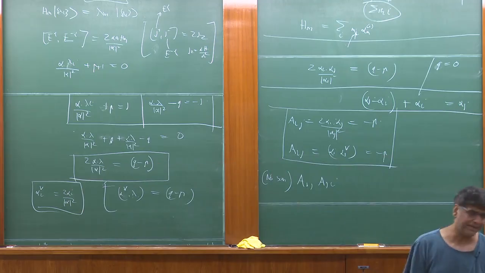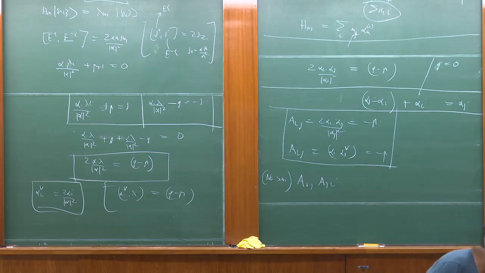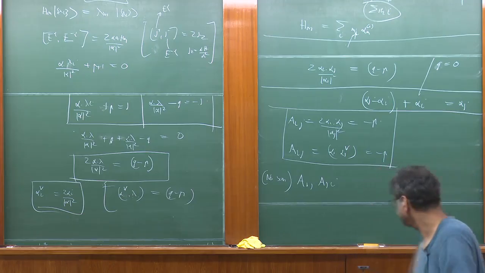No, I'm writing it now in general. The fact that alpha i dot alpha j was negative, we deduced from taking that case, but I'm writing it in general. Since it was negative, it was negative. Didn't matter.